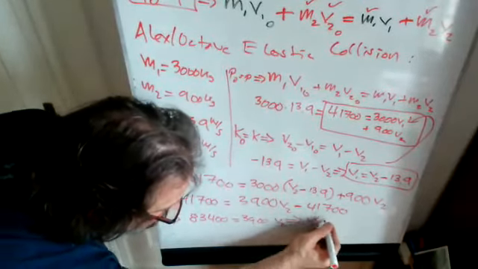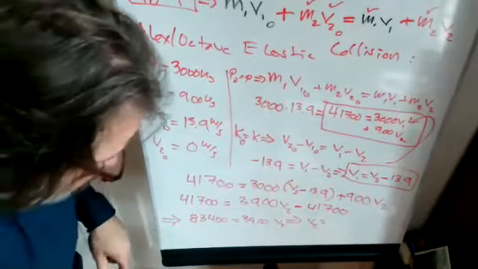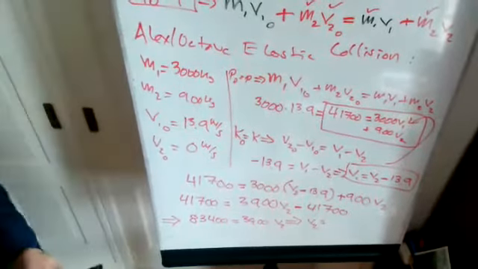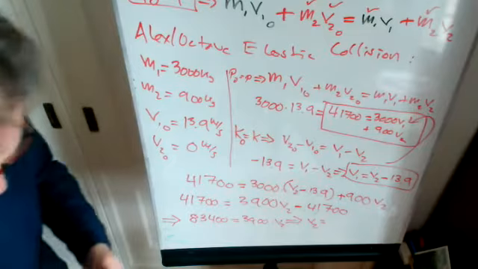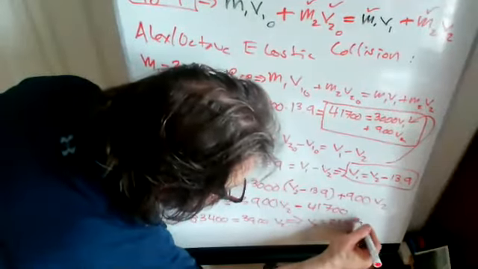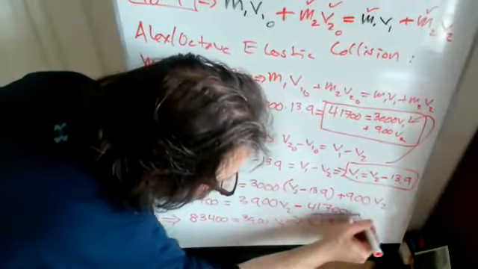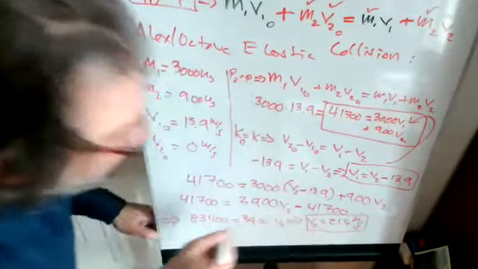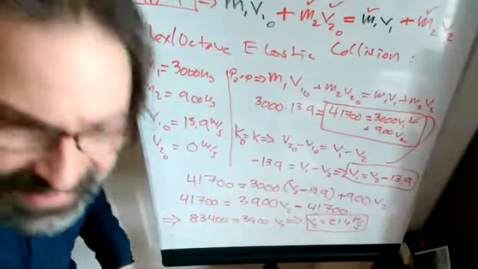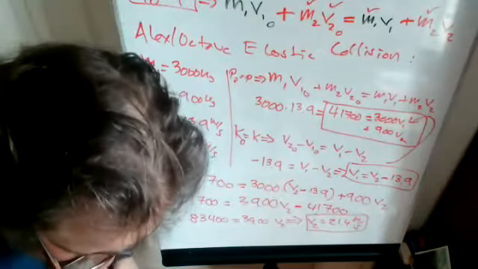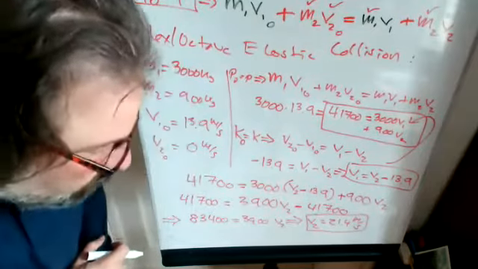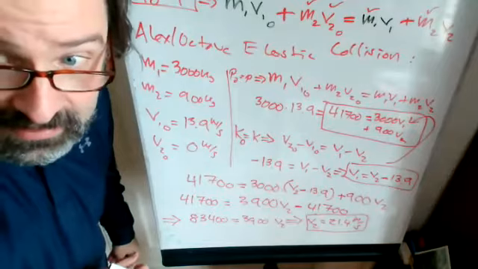And of course, this means that V2 after the collision is 83,400 divided by 3,900, and we get 21.4 meters per second. So we have found that our little car, the Peugeot, is after the collision moving at over 21 meters per second to the right.